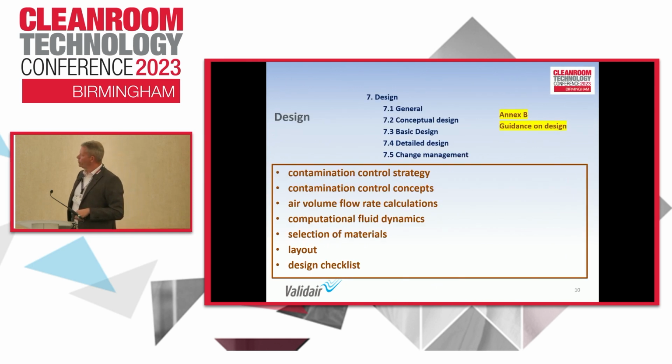So looking onto the annex now, the annex for design, you've got a number of elements within this section, and I'm going to concentrate really on contamination control concepts and air volume flow rate calculations. So there are all these sections within the annex, but I'll concentrate on those two. Contamination control strategy gets talked about all the time, and it's the big buzzword since it appeared 1,000 times in the new Annex 1.